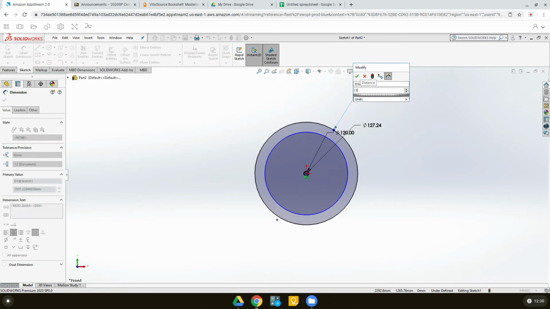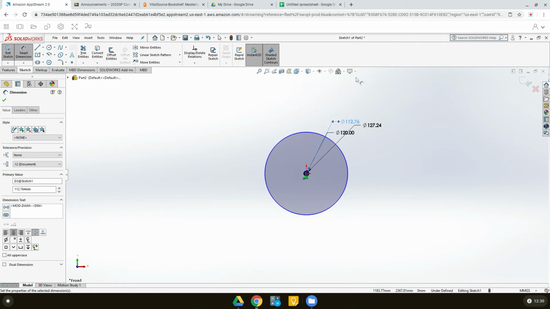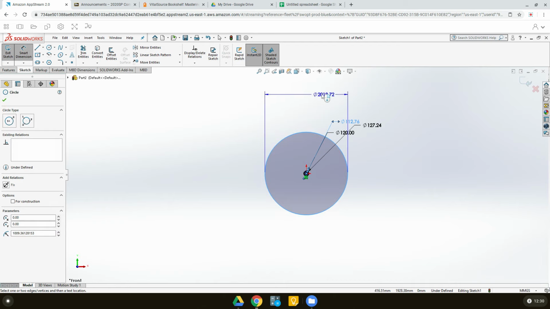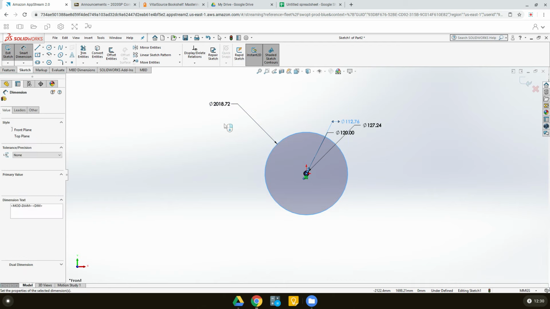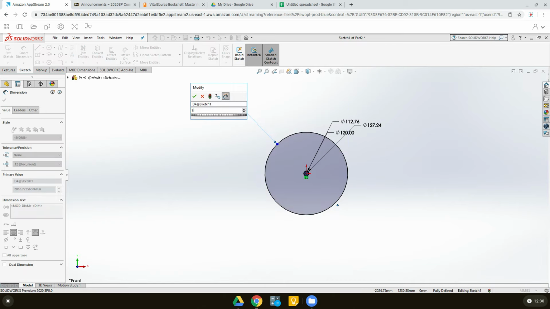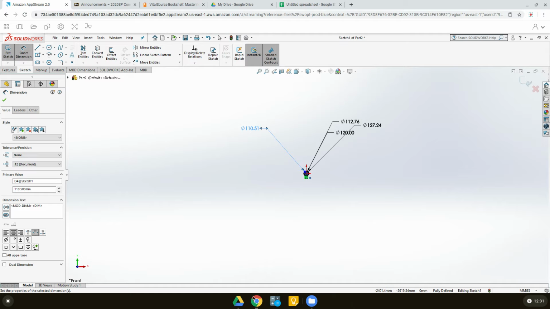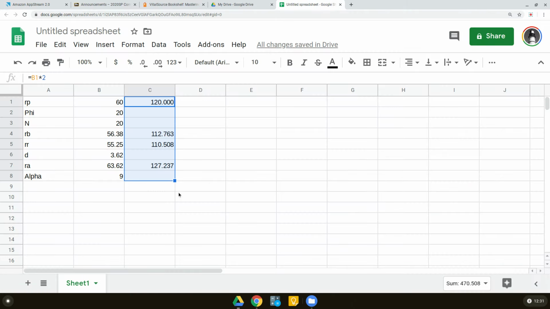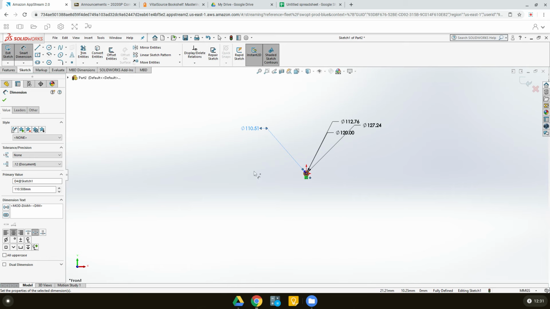That's 112.764. And the innermost circle now is 110.508. Again, those values are coming from here, right? So looking good.